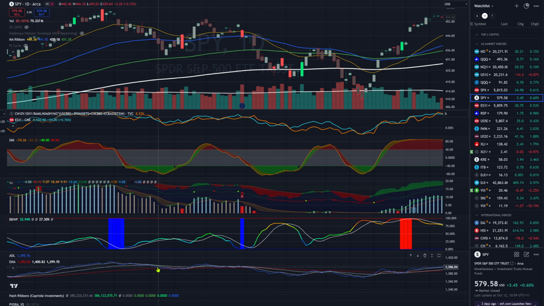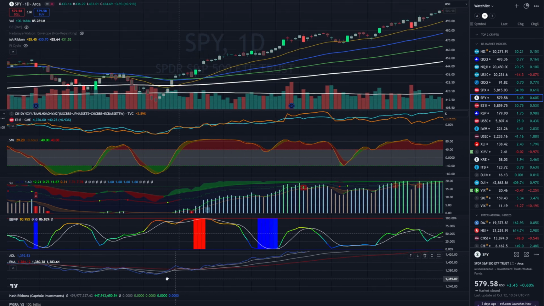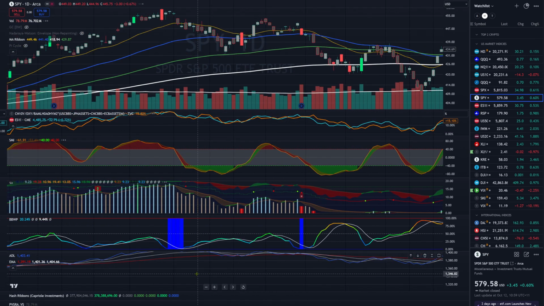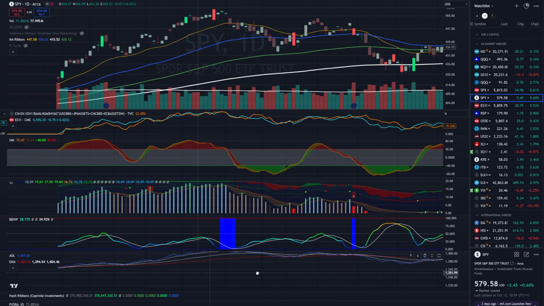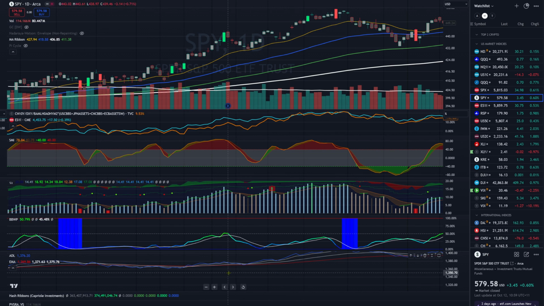Once it crosses over, you tend to get a little bit more downside, and it can get pretty nasty once the two white moving averages are below the red. That just sort of seems to indicate that there's more to come.